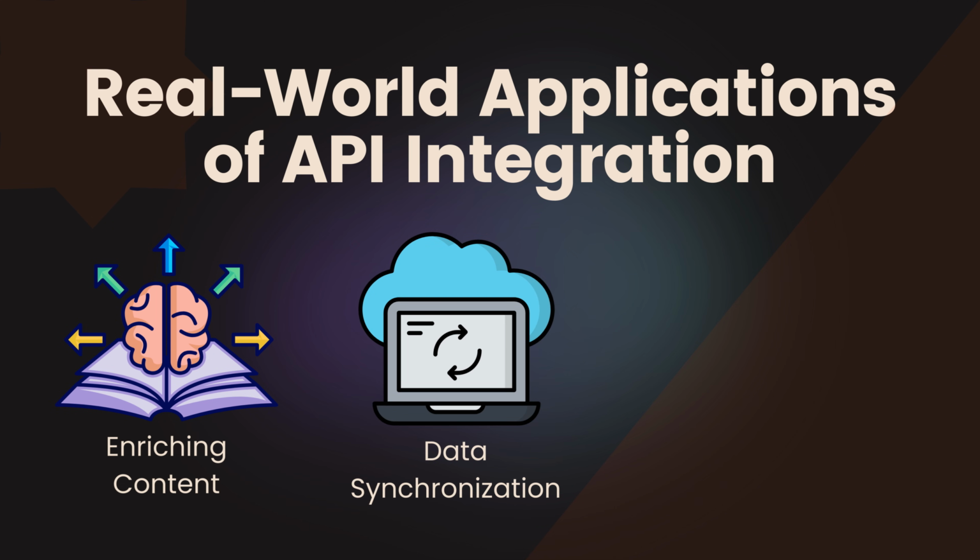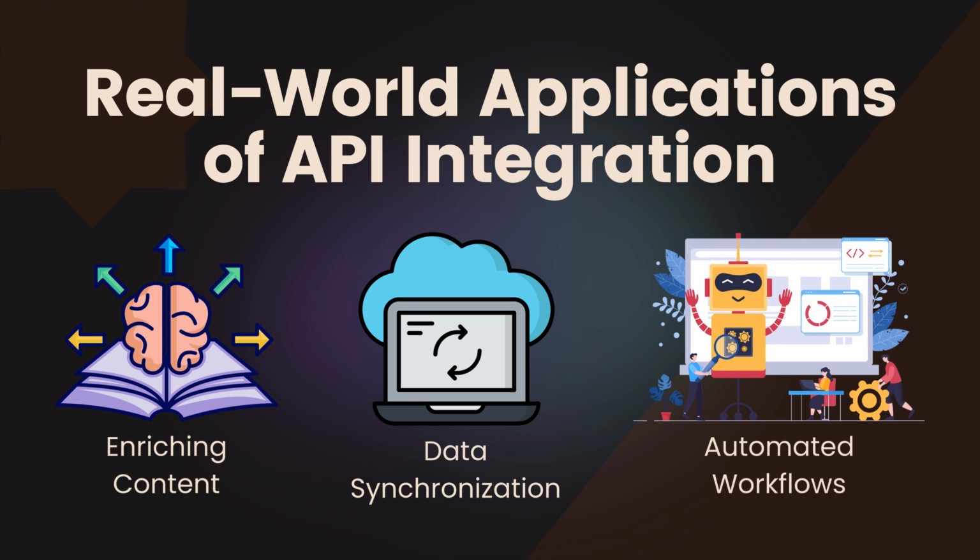Data synchronization. Sync your Payload CMS collections with third-party tools like HubSpot for CRM data or Google Analytics for tracking user interactions and engagement. This ensures consistent, accurate data across platforms without manual updates. Automated workflows.